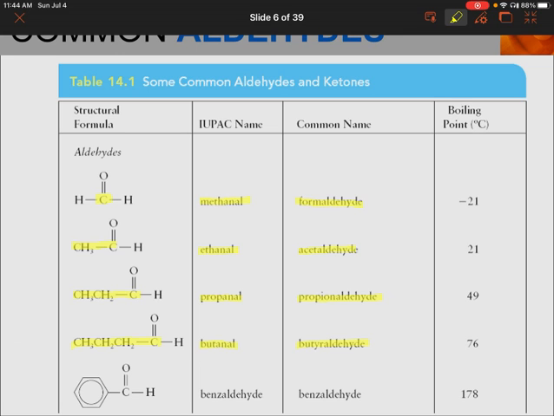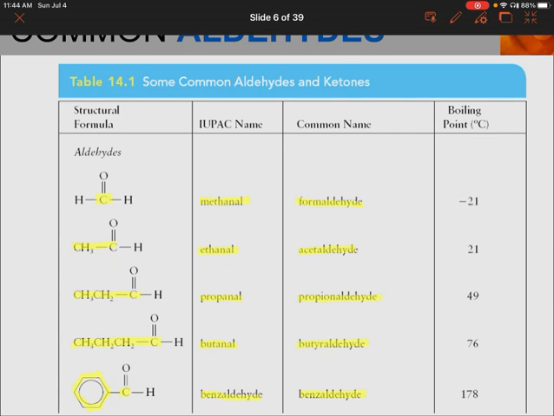And then if you have a benzene ring attached to your aldehyde group, we just call this benzaldehyde, no matter if you're using the IUPAC name or the common name. So I'll try to make some flashcards for these just so you can keep track of these different naming schemes for all of these different aldehydes.